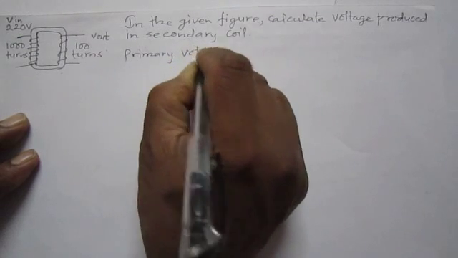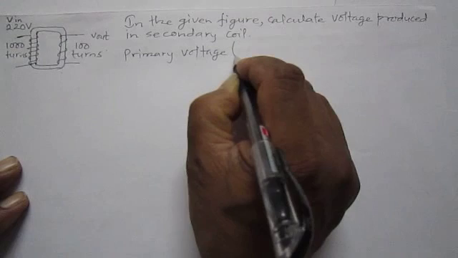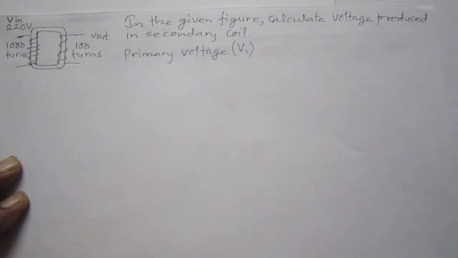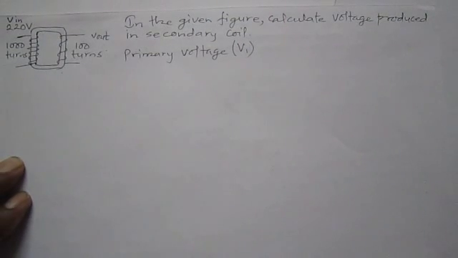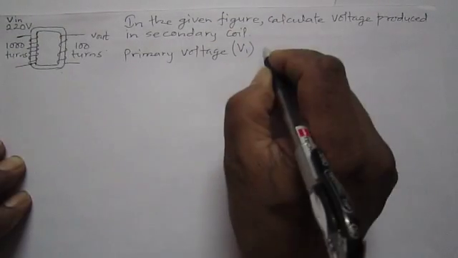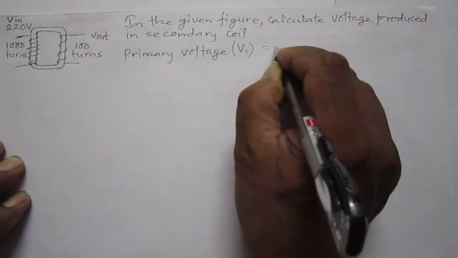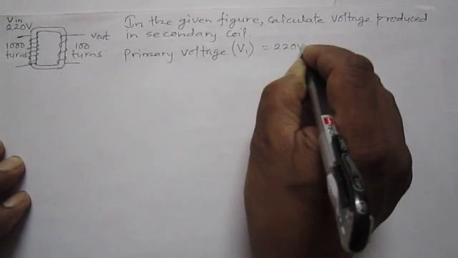Primary voltage we can write as V1, V1 for primary and V2 for secondary. Primary voltage V1 is equal to 220 volt.